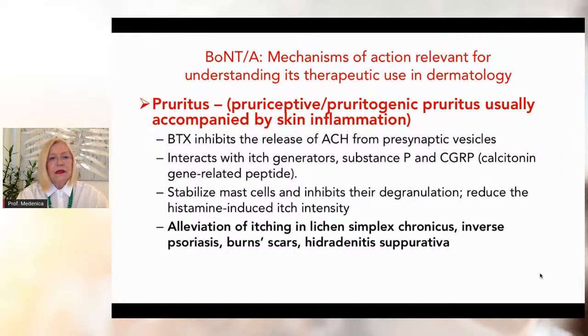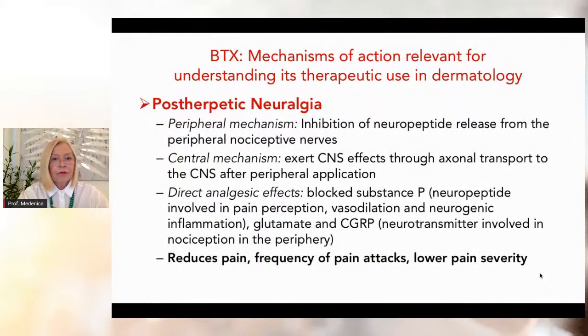Finally, we can see alleviation of itching in lichen simplex chronicus, for example, inverse psoriasis, burn scar, and also hidradenitis suppurativa.